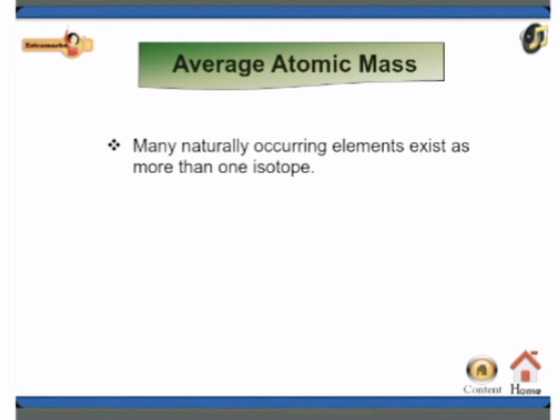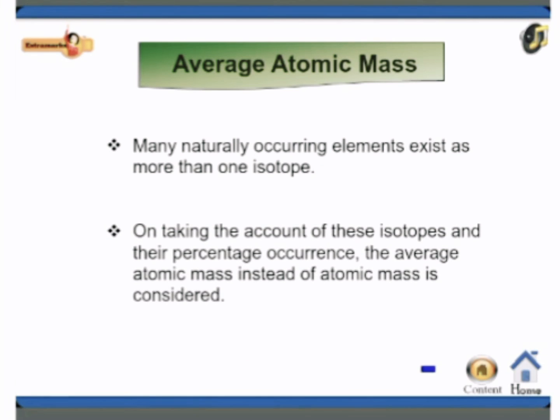Average atomic mass. Many naturally occurring elements exist as more than one isotope. On taking into account these isotopes and their percentage occurrence, the average atomic mass instead of atomic mass is considered.